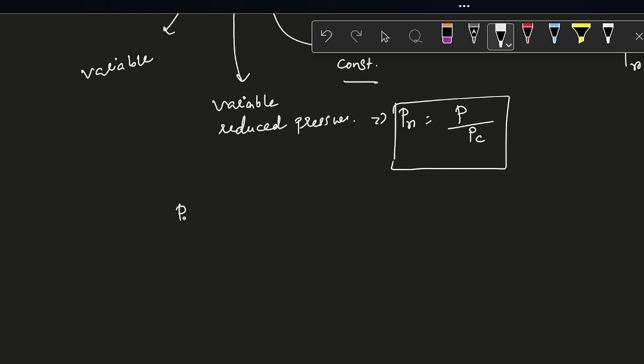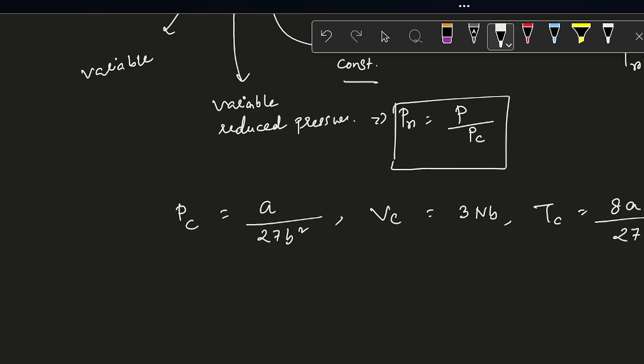the constant values of the critical variables. I will derive these for you later, how we get these values, but they are standard values, so you can also remember them. The critical pressure for a van der Waals gas is Pc equal to A by 27B squared, Vc is equal to 3NB, and Tc is equal to 8A divided by 27B.